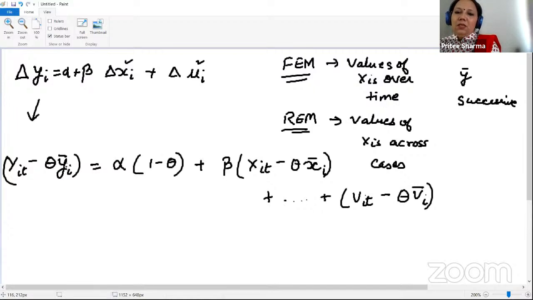In the second one, we took successive values. Here, we are doing two things. One is we are making the error term composite, all right. And second is we are taking a difference from a fraction of the mean. Why are we doing that? Can anyone tell me?